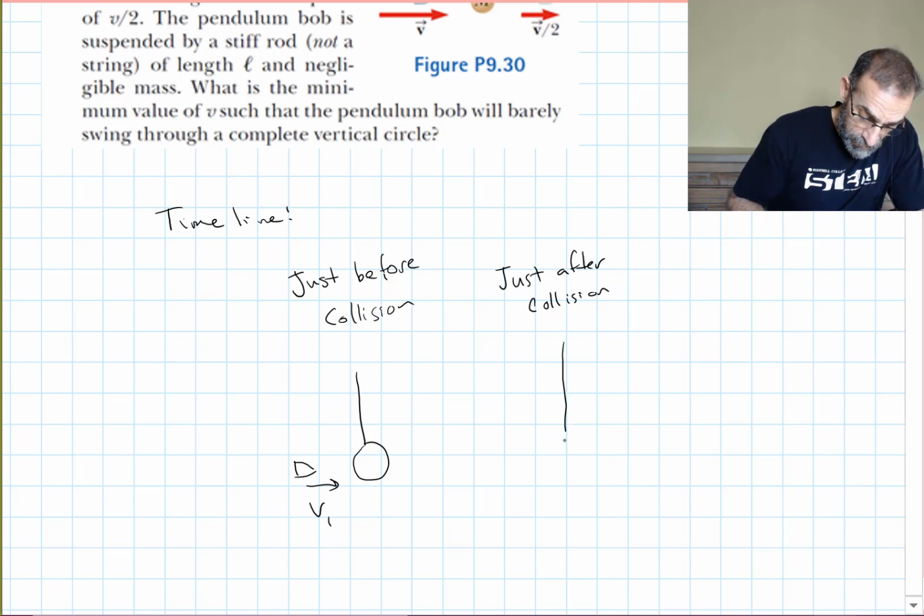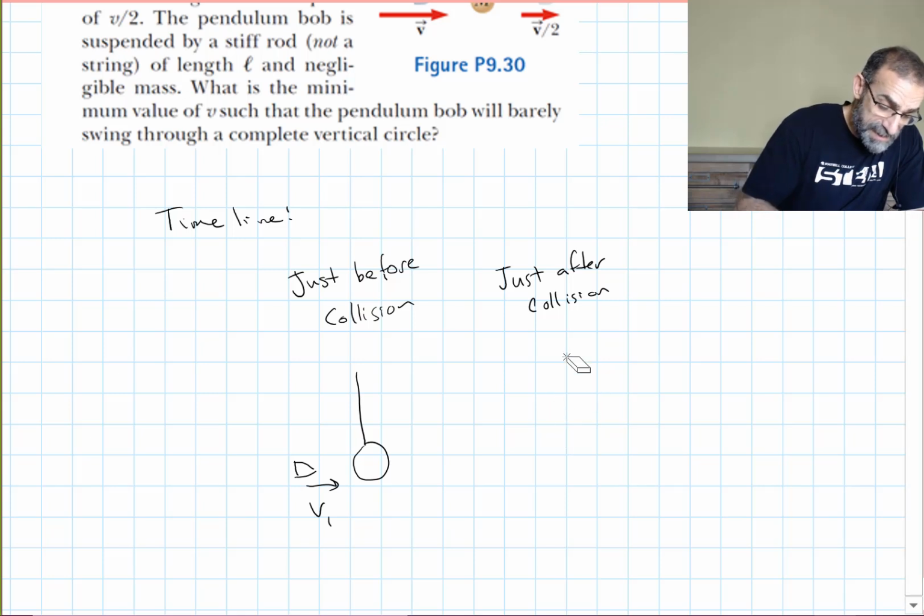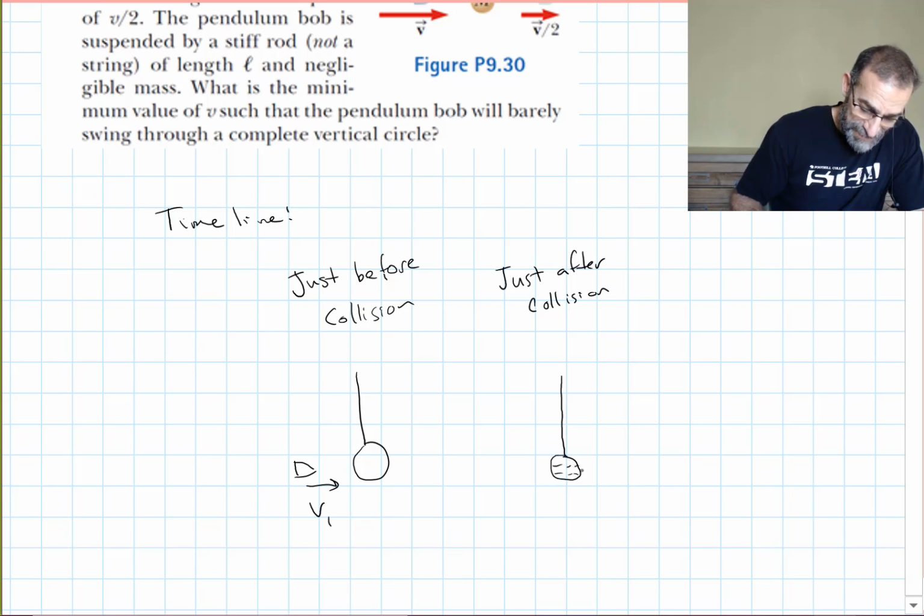We've got our pendulum, it's the same size, it didn't grow, but now there's a hole in it, right? And it's moving with speed v2. And our bullet has come out, and it's moving with speed v1 over 2, half of its initial speed.